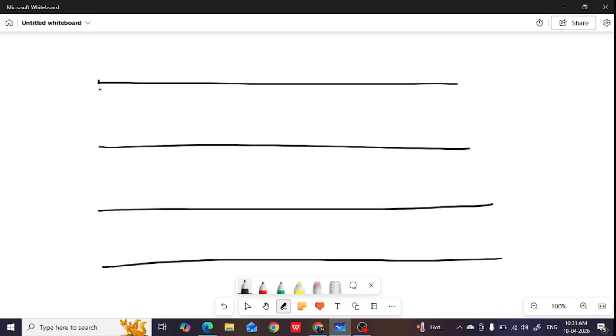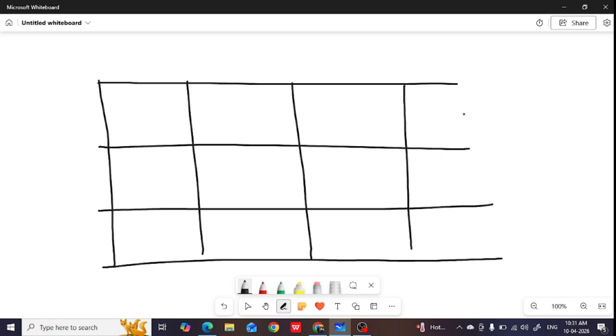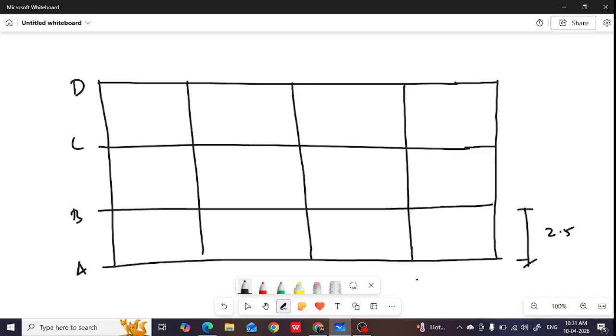Okay, and there are cross girders like this. So this is A, B, C, D.